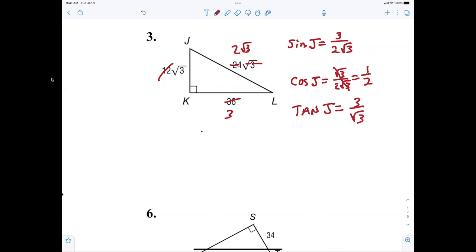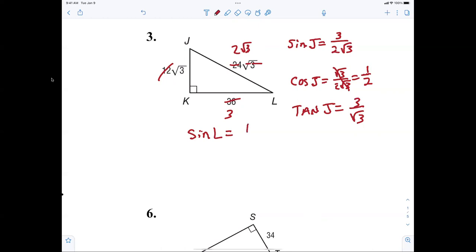All right, please, you got to participate. If you're just writing it down, you're not doing yourself any favors. What? The sine of J, can't you not have a radical in the denominator? I don't want you rationalizing at this moment, I said. It's more important for you to get the ratio. So now we're going to do sine of L. What's the sine of L?